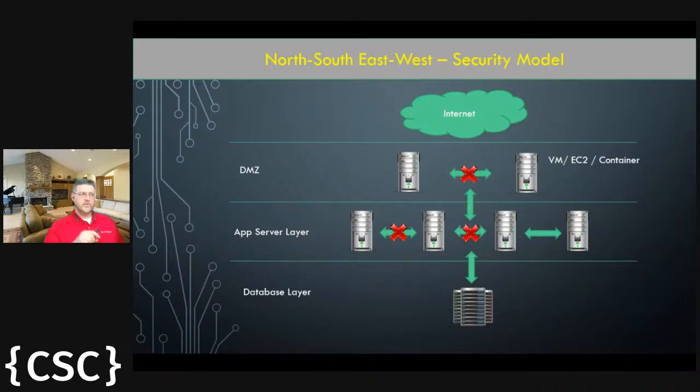That's why you want to make sure that you're controlling that network traffic, even to other servers that are just like it. If there's not a business reason for them to communicate, make sure it doesn't happen. Provide that east-west security as well.